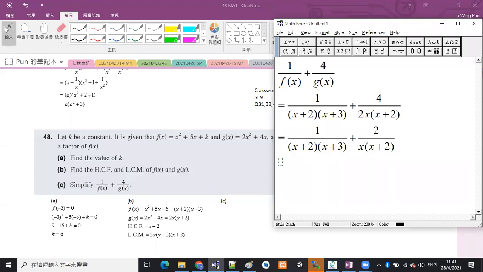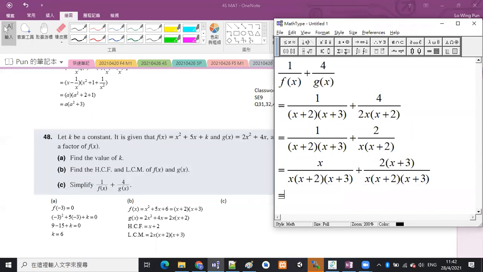And then we need to find the common denominator. The first fraction needs to be multiplied by an extra x, so the 1 becomes 1x, or just x. For the second fraction, we need to multiply an extra x plus 3, and the 2 should be multiplied by x plus 3 also.